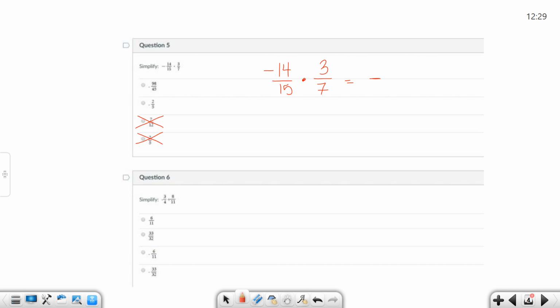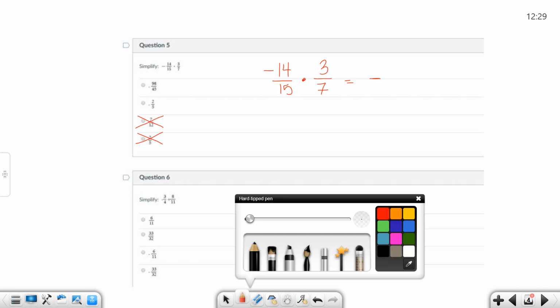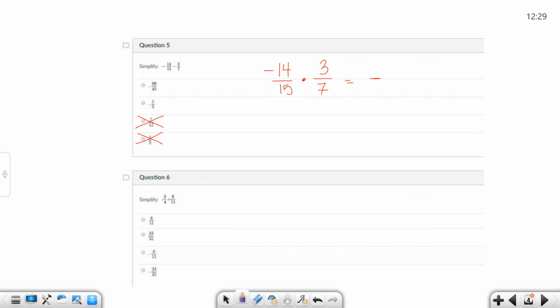Alright, now you can multiply across the top and then reduce, but it's a little bit easier to go ahead and reduce now. I know 14 and 7 will reduce by 7. 7 goes into 7 one time, and 7 goes into 14 two times. You'll say, well, what about the sign? So I've already taken care of the sign because I put it in my answer, but if you wanted to, you could write that as a -2.